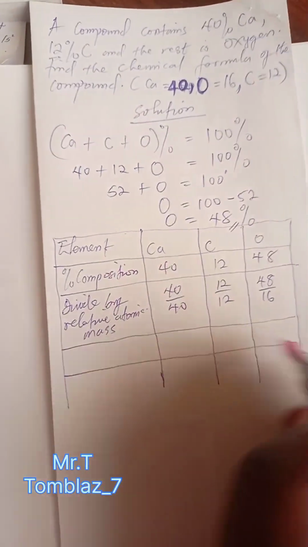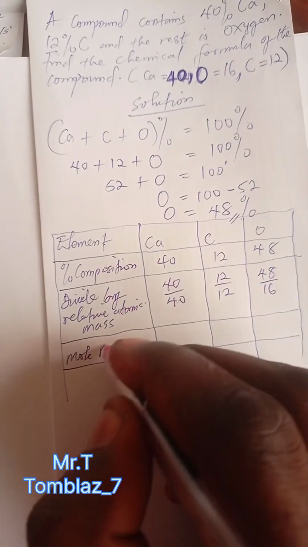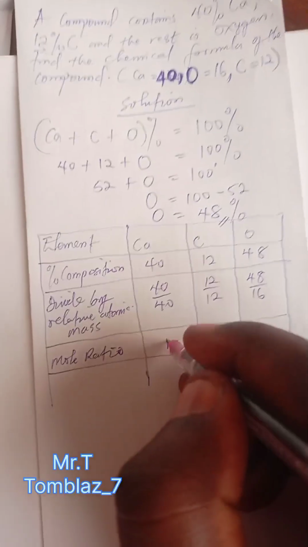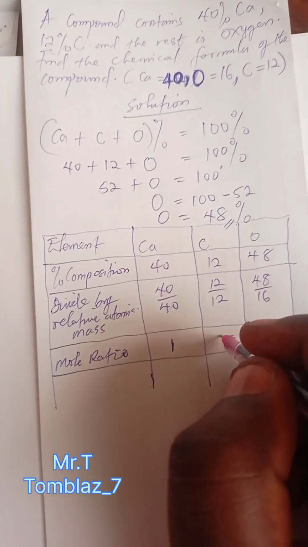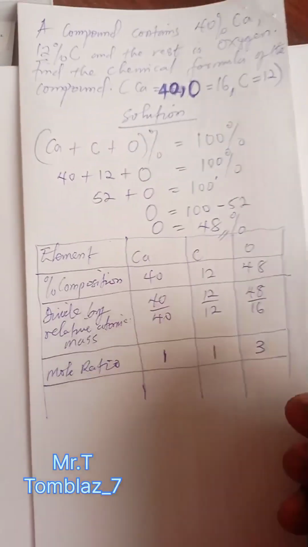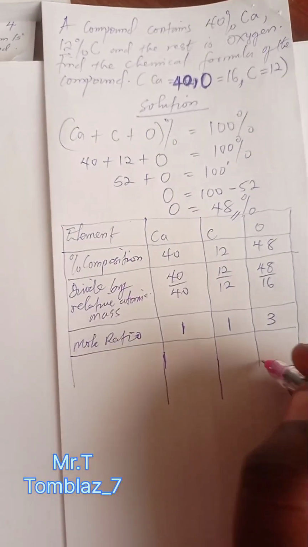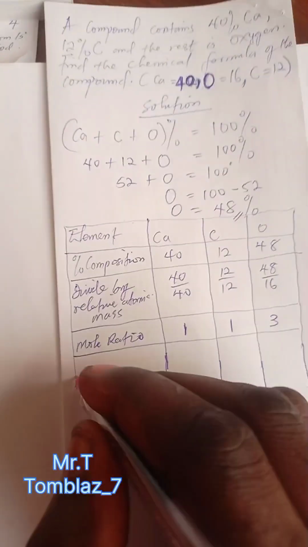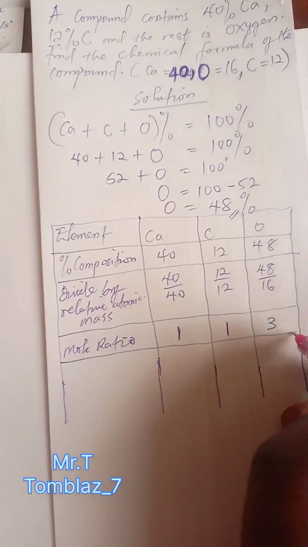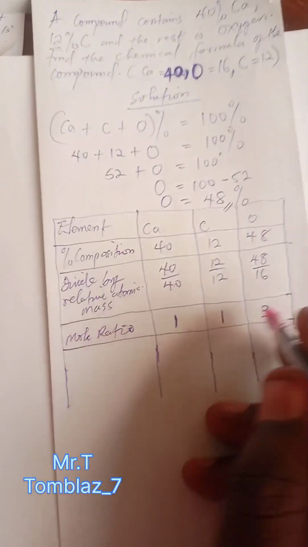The mole ratio now. Let's divide: this divided by this is 1. This divided by this is 1. But this divided by this will give you 3. Right? Okay, so now if we have divided this, the next thing we are going to be doing is picking the least ratio and dividing through the entire ratios that we got here.